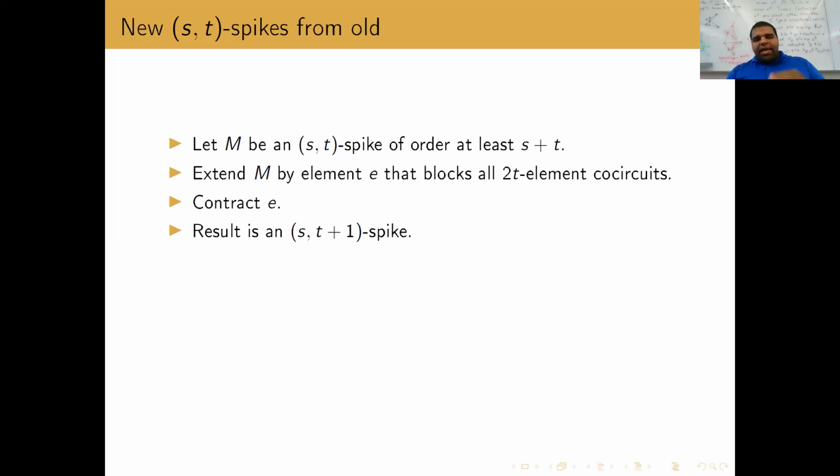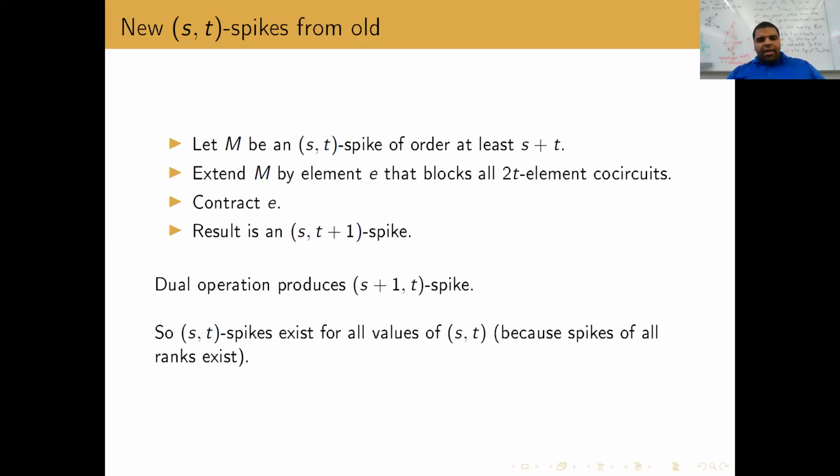Now the dual of an ST spike is going to be a TS spike. So if I start with the same ST spike before and I do the dual operation, I'll get an S plus 1, T spike. So what this means is that if I start with a traditional 2-2 spike that has at least S plus T pairs, say I want a 5-8 spike, then I can start with a 2-2 spike and I can repeatedly do this operation here to get my 2-8 spike.